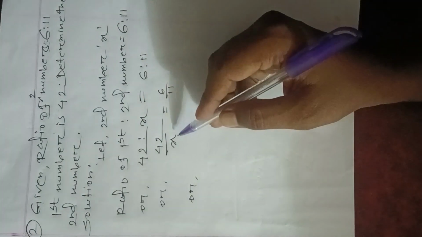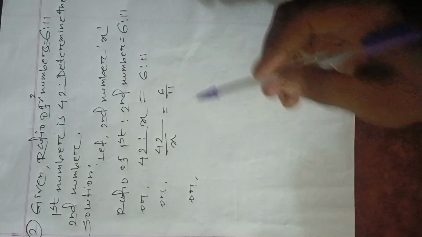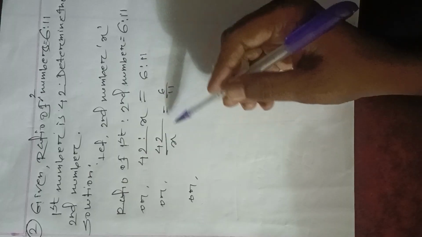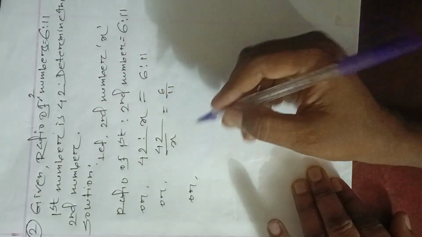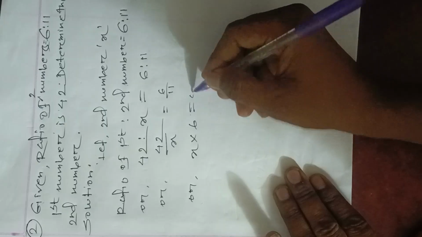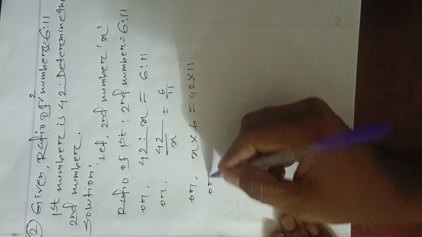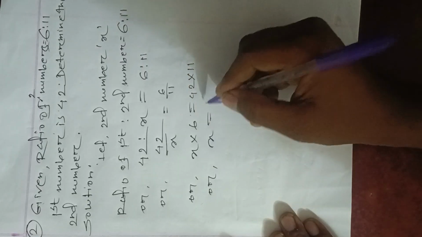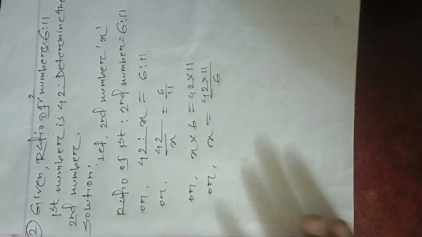We should bear in mind, we should find out value of x. That's why we should multiply from the side where x is present. So x into 6 equal to 42 into 11.